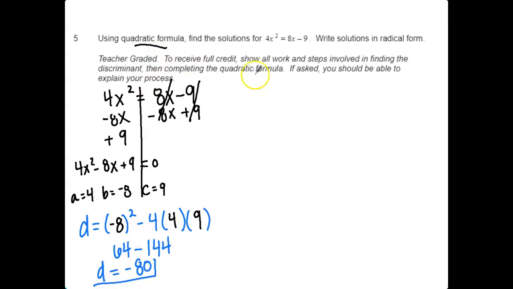All right, so quadratic formula time. X is equal to the opposite of b plus or minus the square root of the discriminant divided by 2 times a. All right, so our b, again, is this -8, the discriminant is -80, and our a is 4.